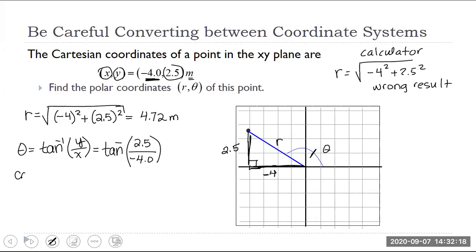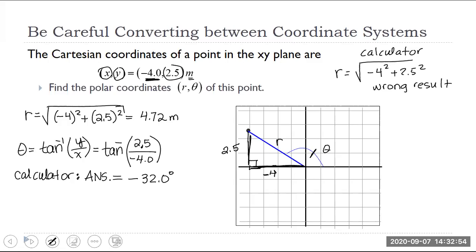So I put this in my calculator, and my calculator spits out the following answer: negative 32.0 degrees. You probably should put the parentheses in there, yes. It's 2.5, it's not negative, it's just positive 2.5.